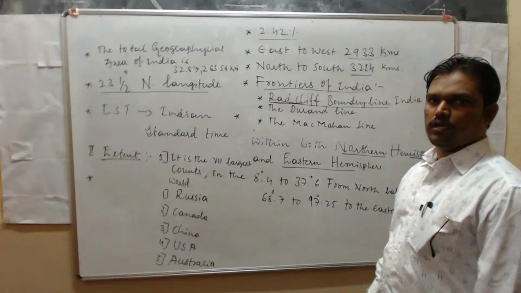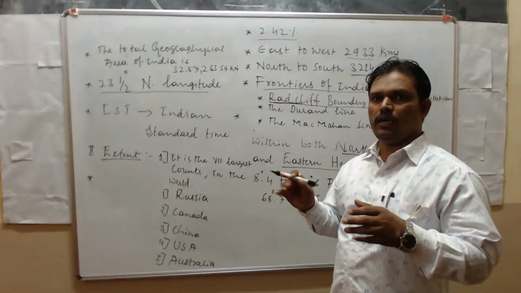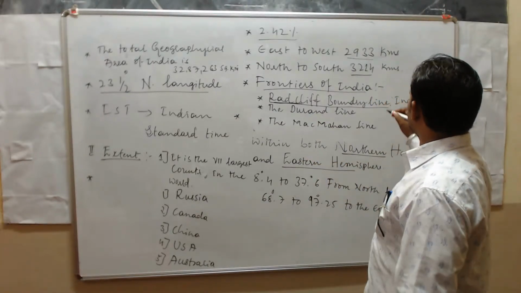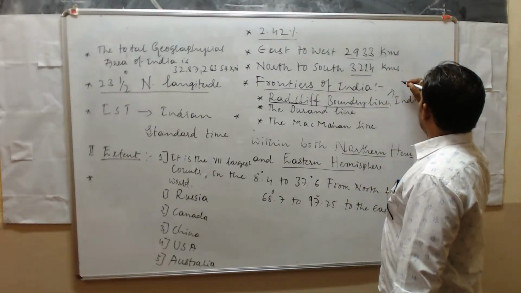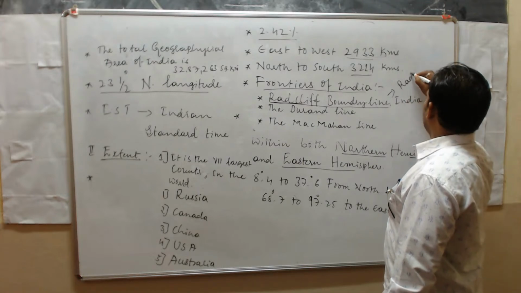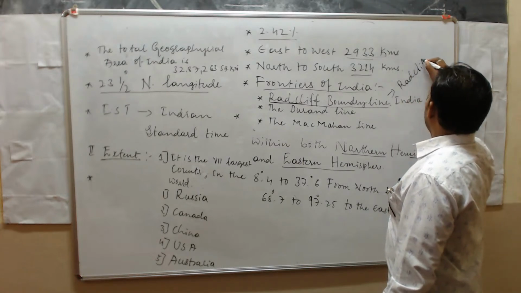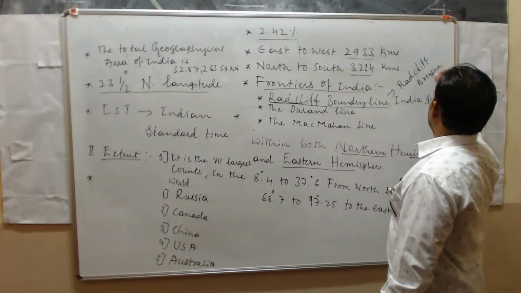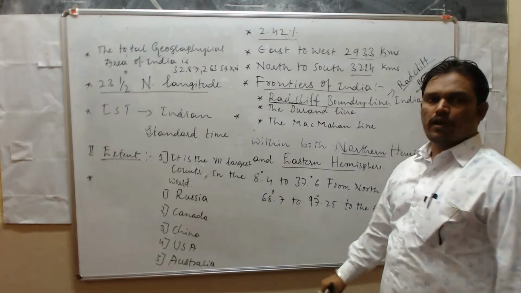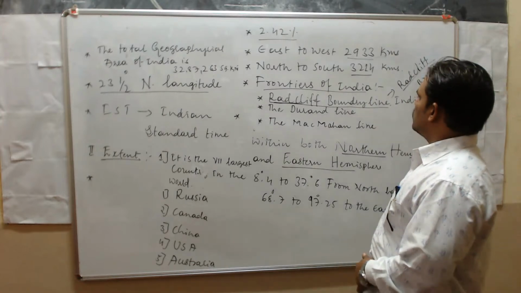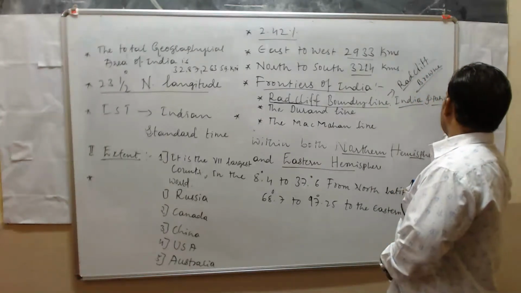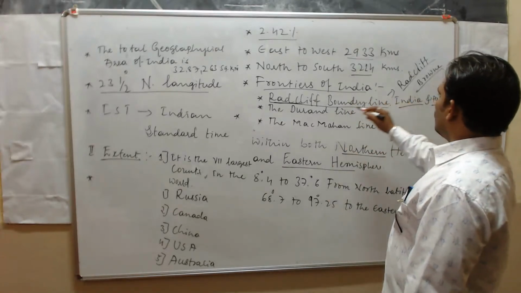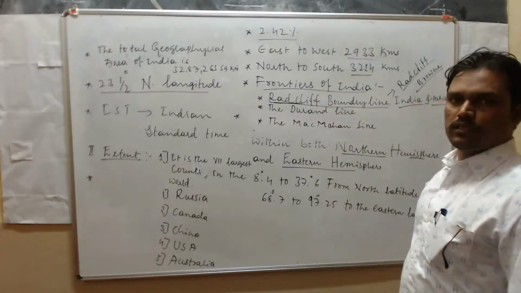The British Parliament sent him to fix a borderline between India and Pakistan. This person, Radcliffe, marked the borderline between India and Pakistan. So that's why his name was put to this line, Radcliffe borderline.